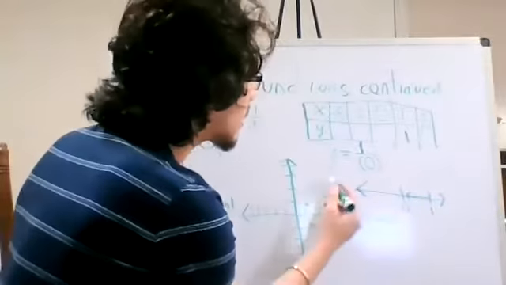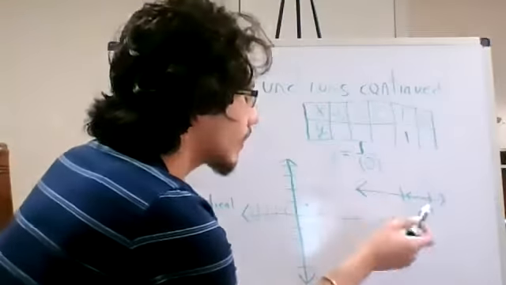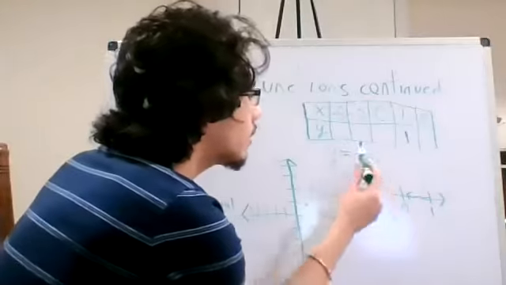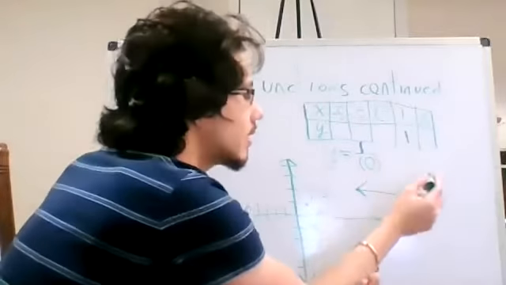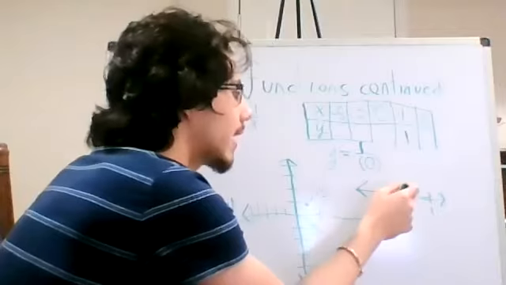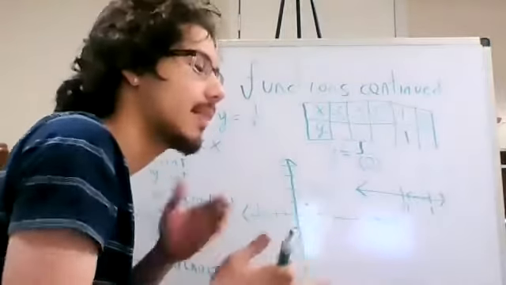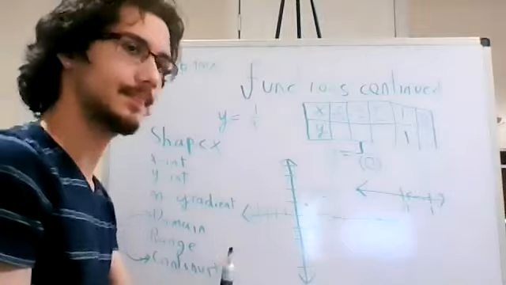So what we can do is look at values of 1 over x, and we can use 1, fractions, and smaller fractions until we get to 0. Then we might understand what it might look like. Does that make sense?